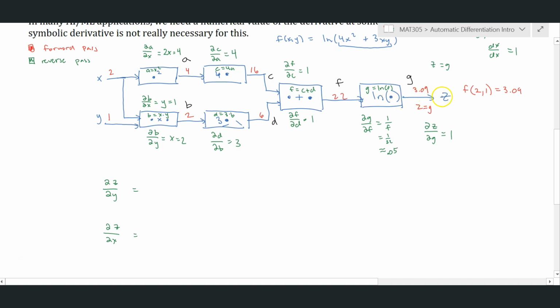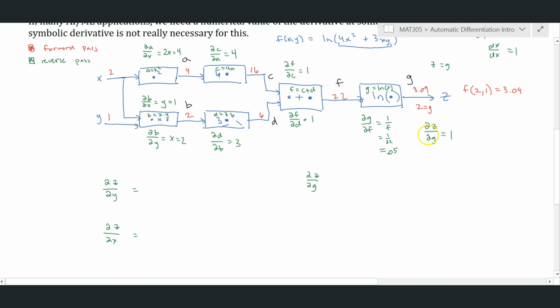So from here we would have dz dg, and I'm doing dz dy first just because it only involves following one branch. So basically we're going to multiply all of these lower derivatives here.